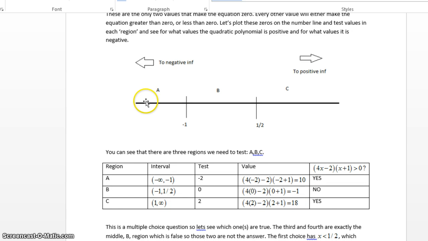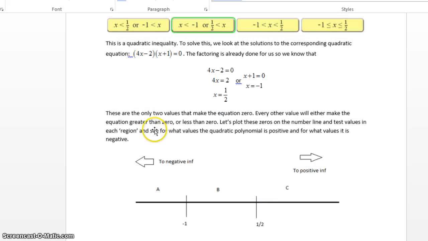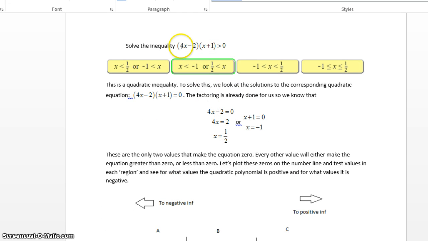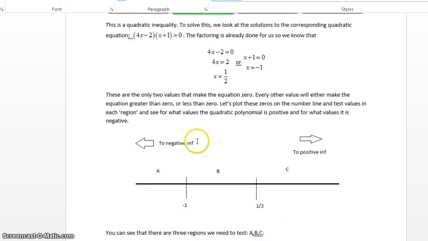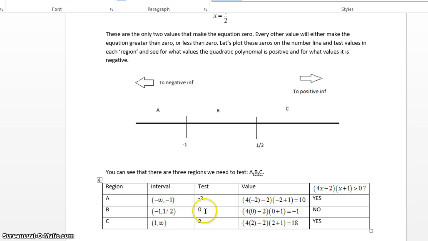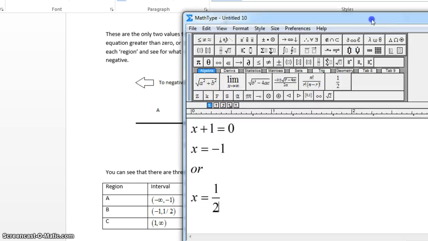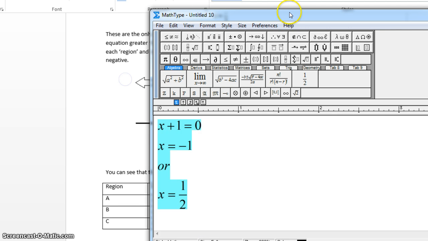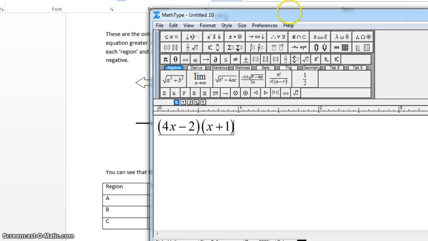So region A is everything less than -1, and you can choose any number, -2, -3, -100, and you plug it in for x. You go back to our 4x minus 2 times x plus 1, and you plug in for x and see if it's true. So in this case, we're going to test -2. Our inequality is 4x minus 2 times x plus 1 strictly greater than 0.